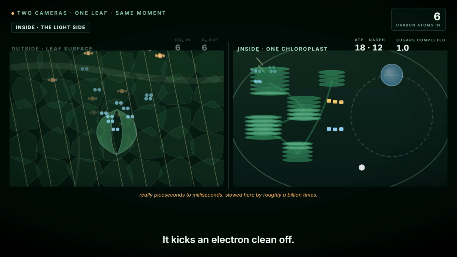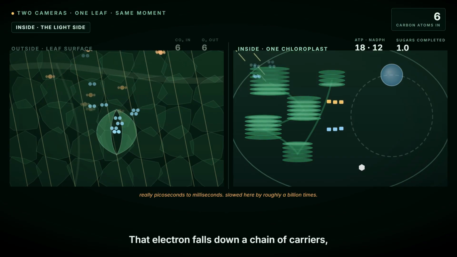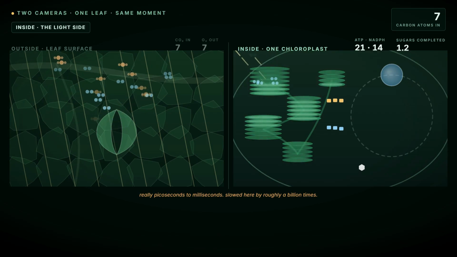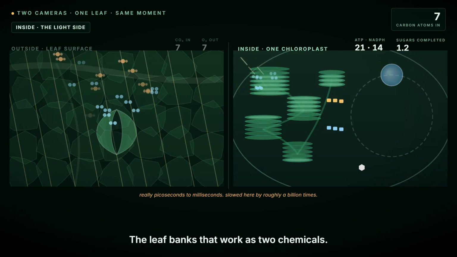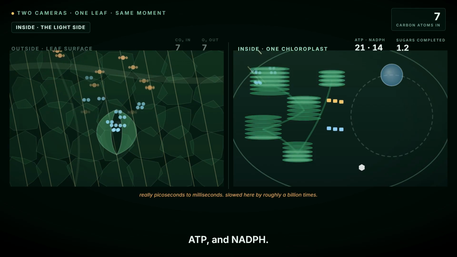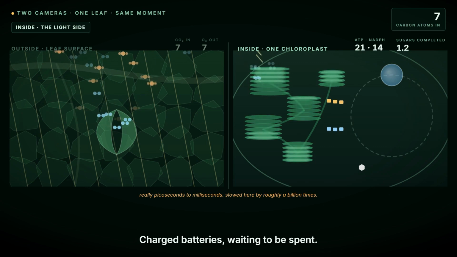It kicks an electron clean off. That electron falls down a chain of carriers, and every drop does a little work. The leaf banks that work as 2 chemicals, ATP and NADPH, charged batteries waiting to be spent.